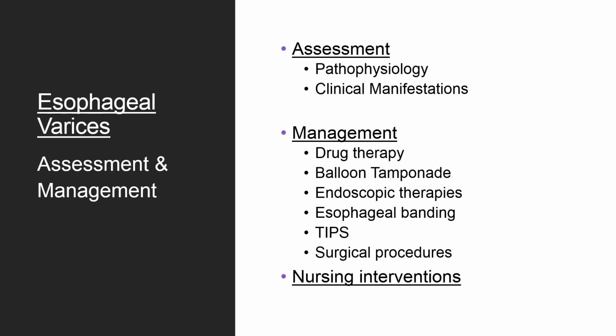Sclerotherapy is when a sclerosing agent is injected. It's a medication, and this is injected through an endoscope into the area adjacent to the bleeding varices, and this will promote a thrombus formation and eventual sclerosis of the area.